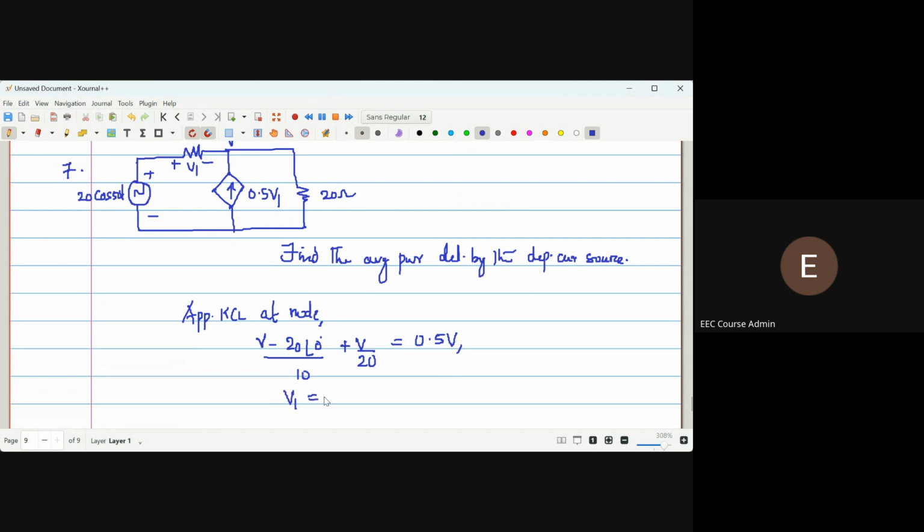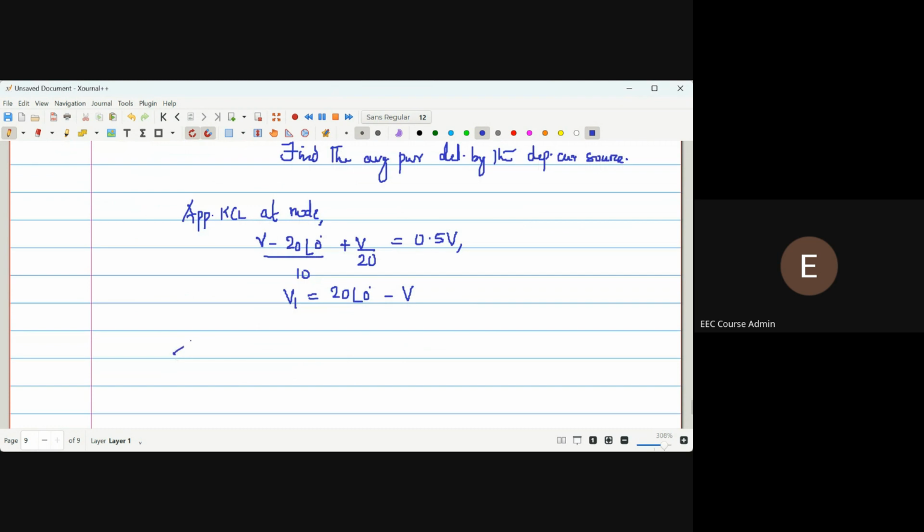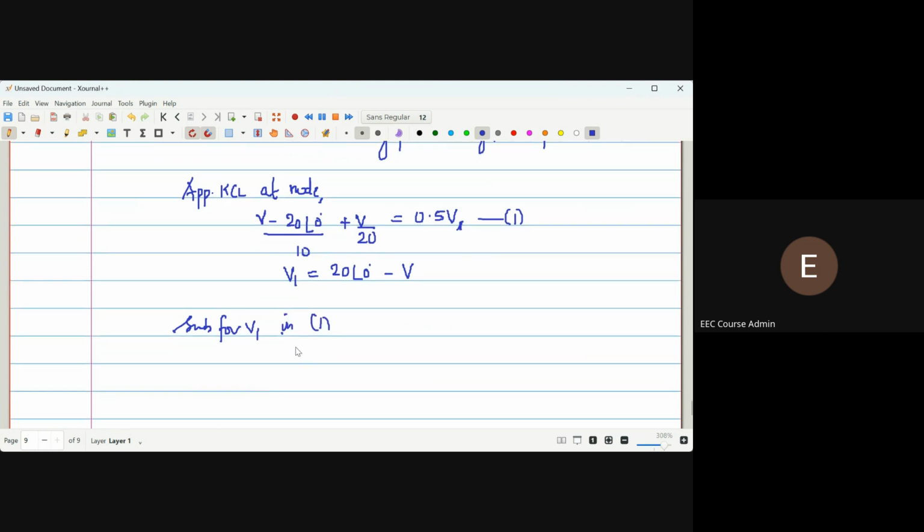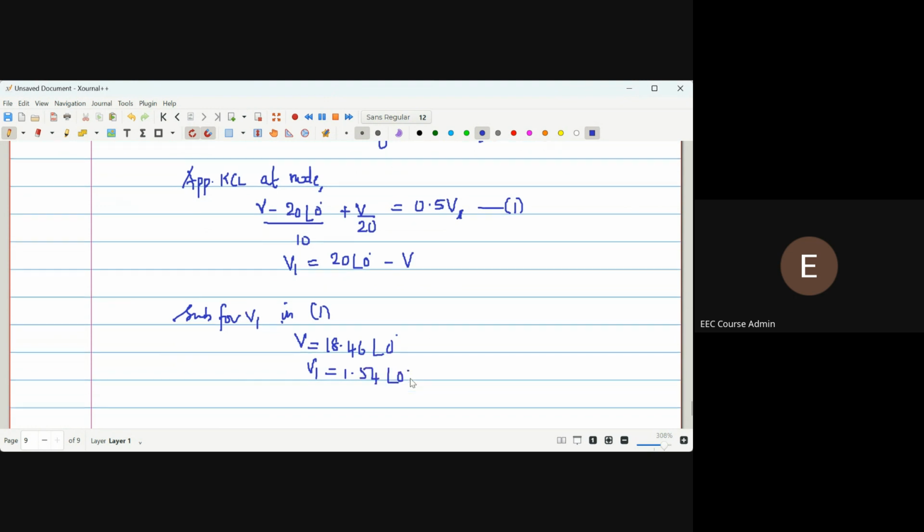So V1 equal to 20 angle 0 minus V. V equal to 18.46 angle 0 and V1 equal to 1.54 angle 0.